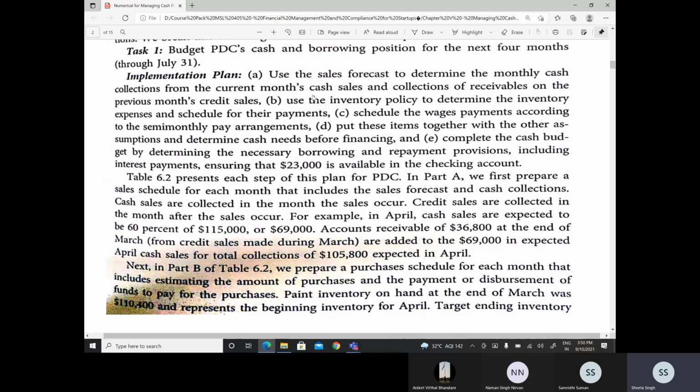C, schedule the wages payment according to the semi-monthly pay arrangements. D, put these items together with the other assumptions and determine cash needs before financing. And E, complete the cash budget by determining the necessary borrowing and repayment provisions, including interest payments, ensuring that $23,000 is available in the checking account.